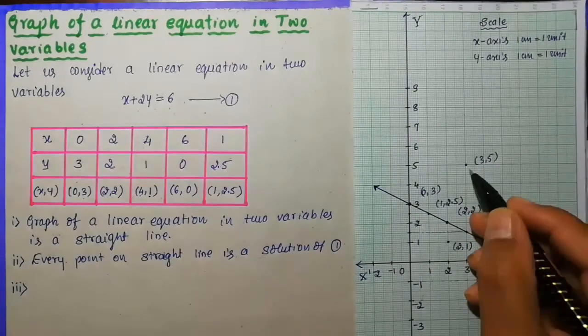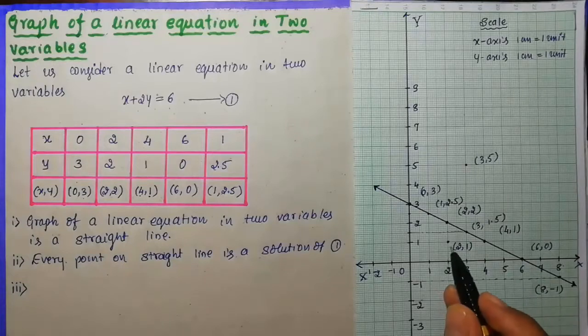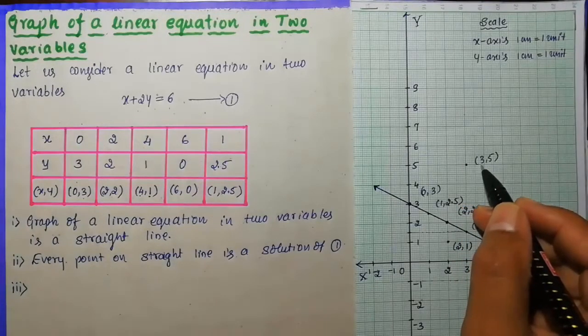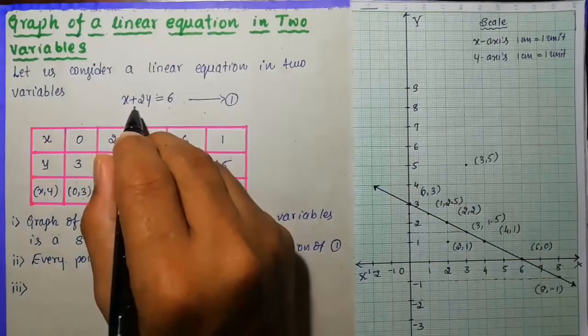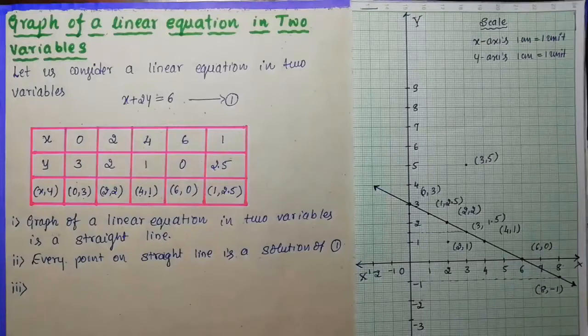This is outside of the line. I'm going to consider the points outside of this straight line. So this is also outside of the straight line, and this is also outside of the straight line. If you place x is equal to 3, y is equal to 5 in this equation, it will not be satisfied. You can verify this also. So by this we can understand that any point which lies outside of the straight line is not a solution.